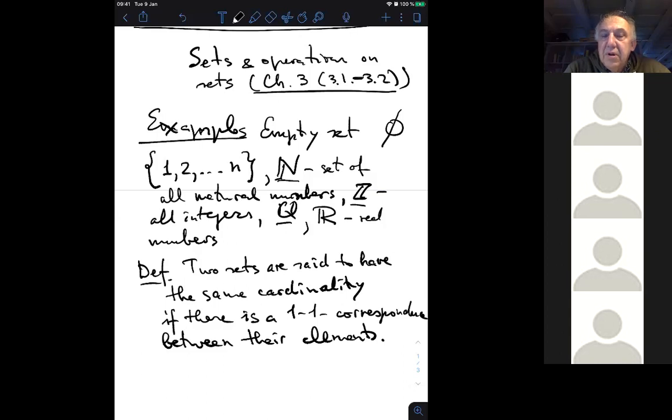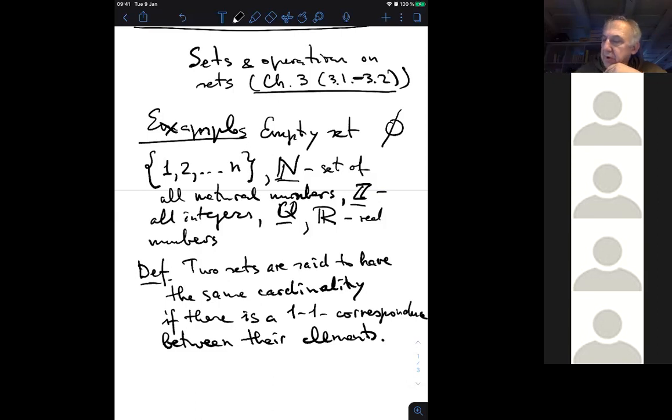But then there is a whole sequence of sets which have more and more elements in terms of cardinality.